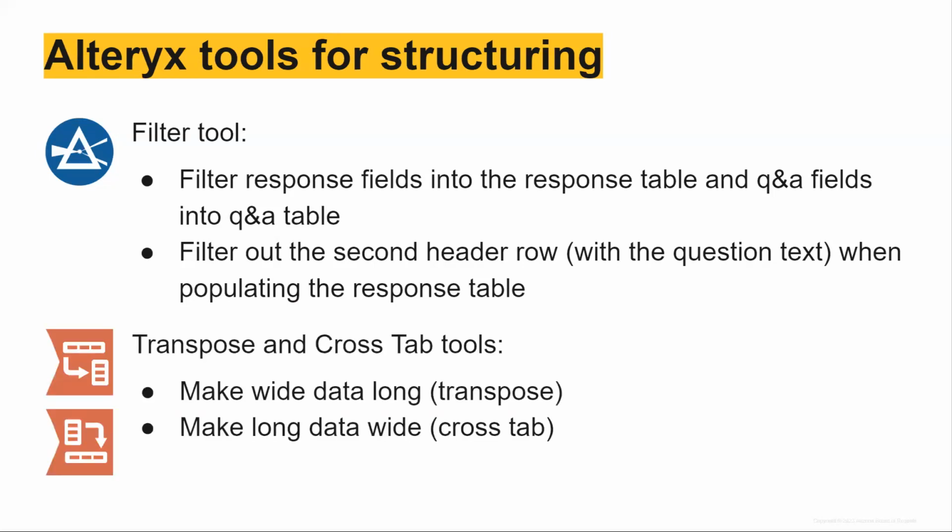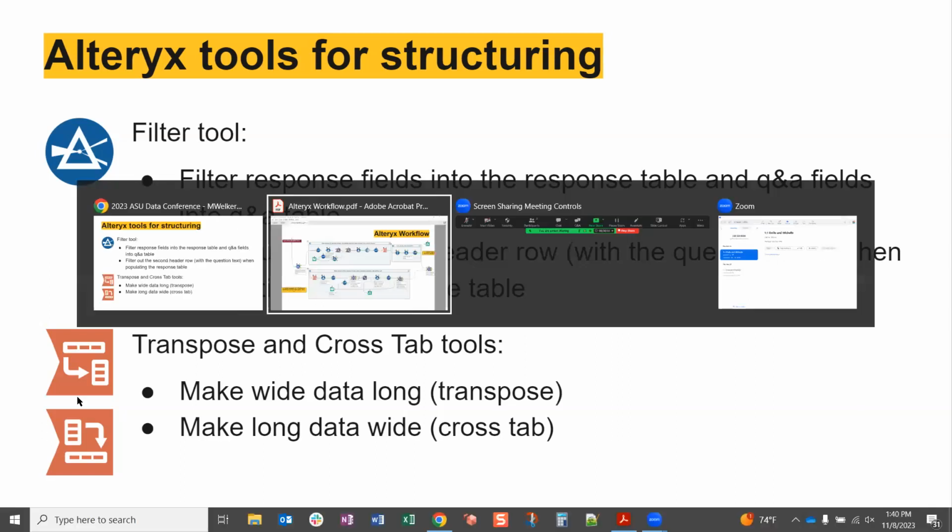All right, transpose and crosstab tools. We talked about making our wide data tall. And if you look at the little pictures on these tools, you can see that's exactly what they're doing. The transpose tool will make your wide data long, and the crosstab tool will make your long data wide. So depending on what you're trying to do, you can use one of those.